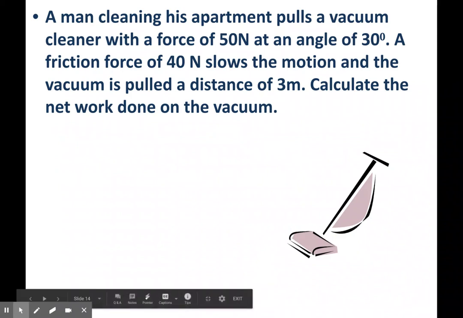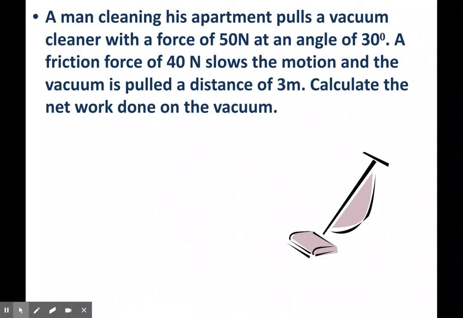So let's try this. We've got a man cleaning his apartment. He's pulling a vacuum. So this will be the main part of the problem down here. Okay, so he's pulling that with a force of 50 newtons at an angle of 30 degrees. So that means this is 30 degrees.